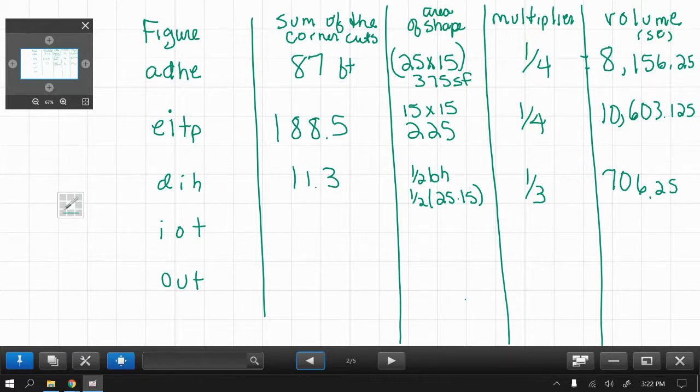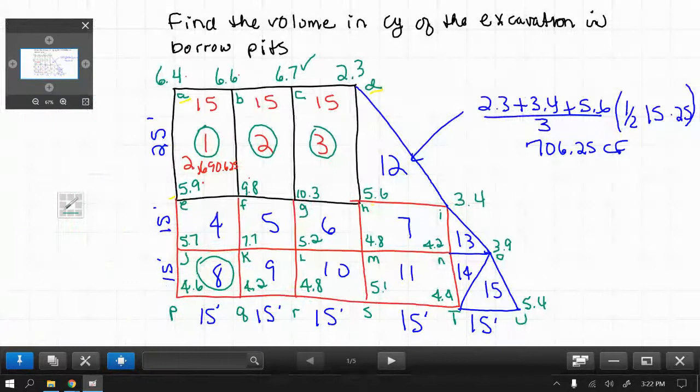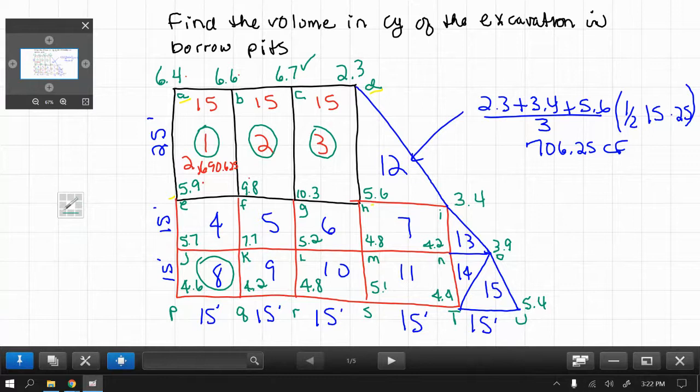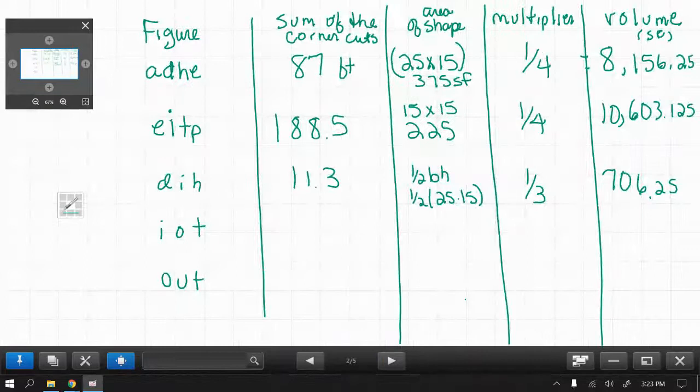Then I'm going to do the next one, I-O-N. And then I have an O-U-T. So 13 is the next one.